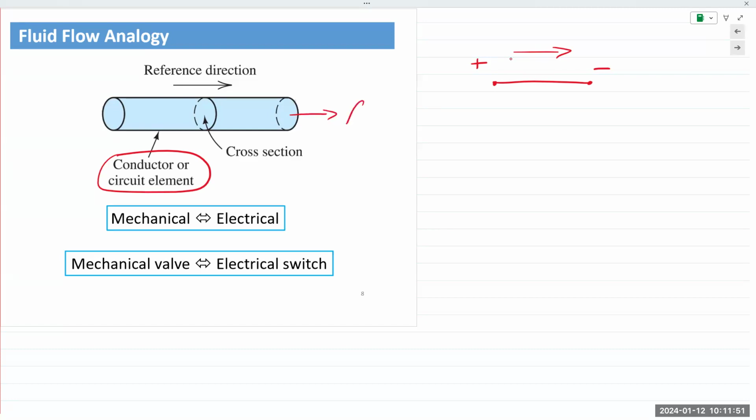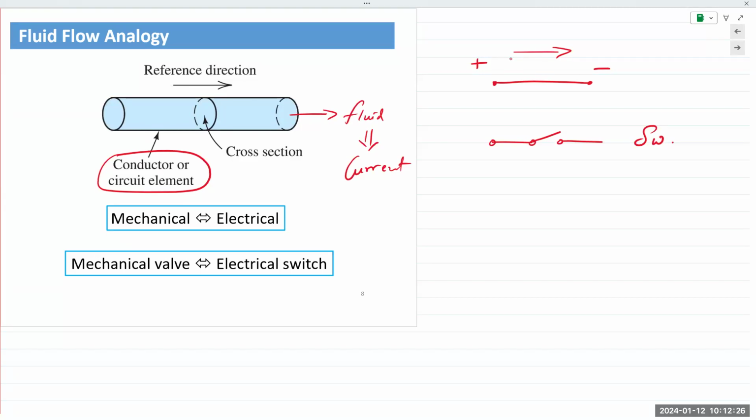The fluid itself can be analogous to a current, and we have a direction of the flow of the current, right? An electrical switch is portrayed with this kind of symbol. So this is an electrical switch. We will use electrical switches for certain analysis problems when we come to capacitors and inductors in chapter 4.